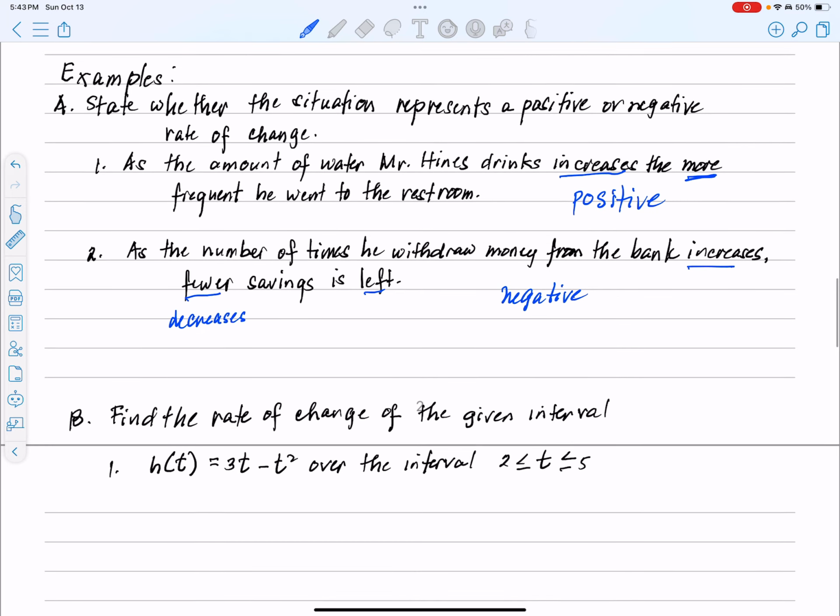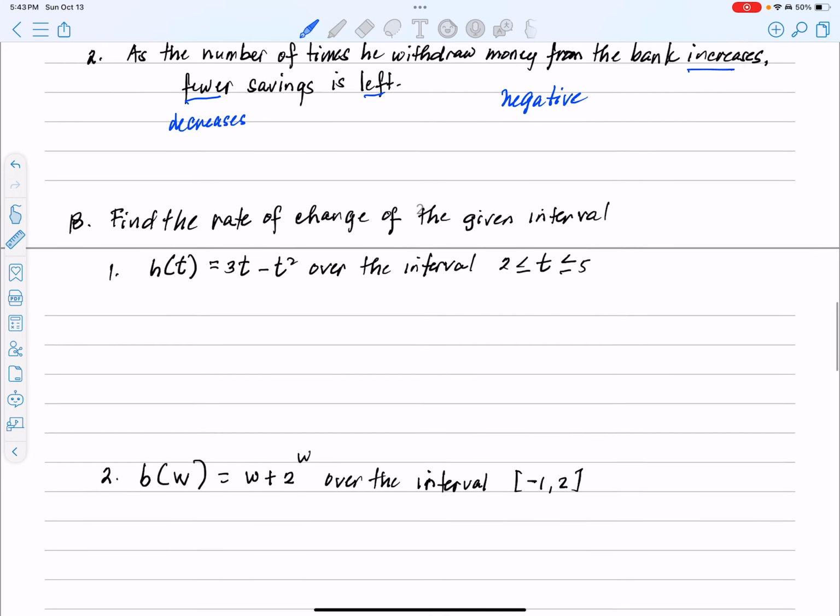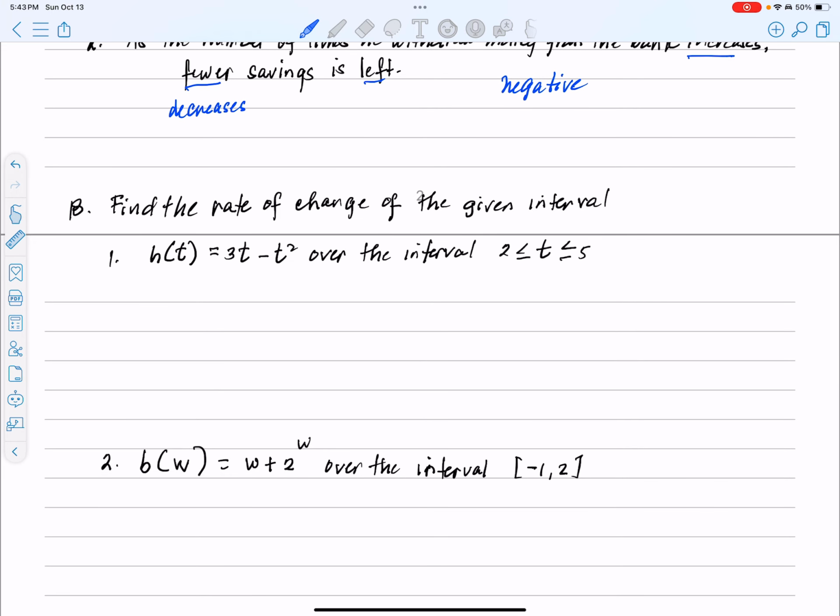Okay, simple. Find the rate of change of the given interval. The function h of t equals 3t minus t squared over the interval of 2 to 5.